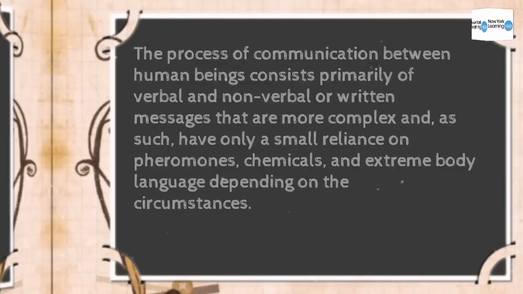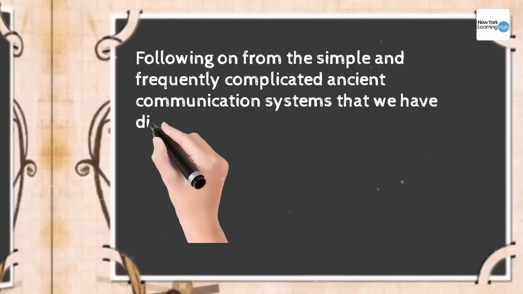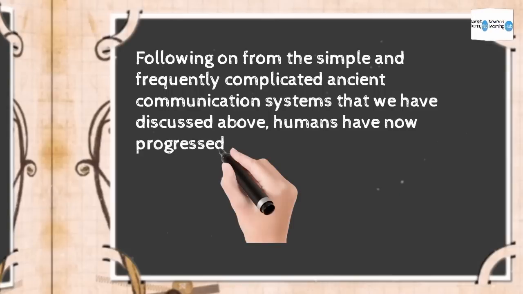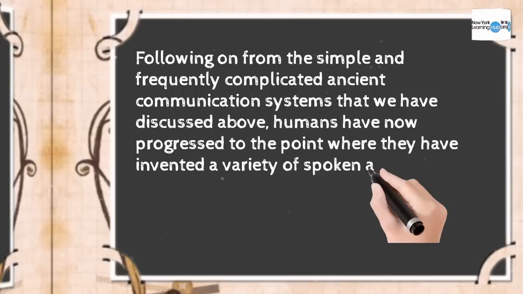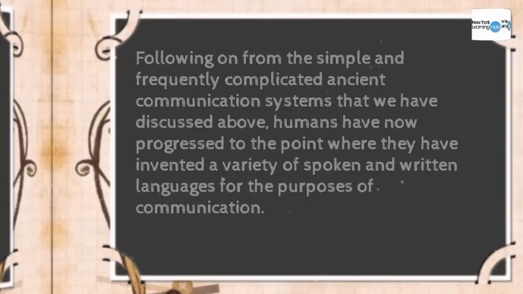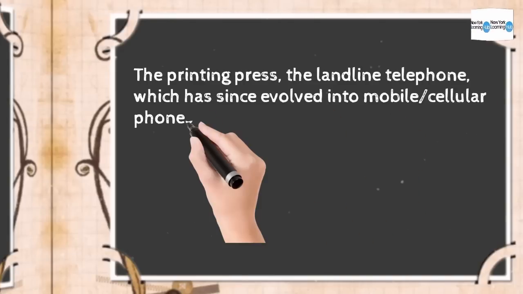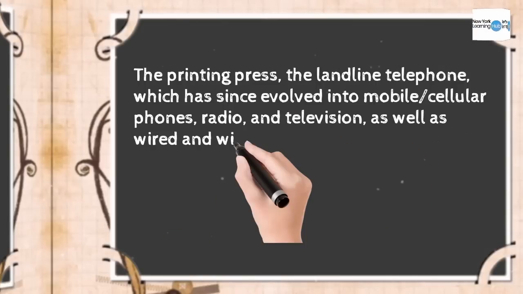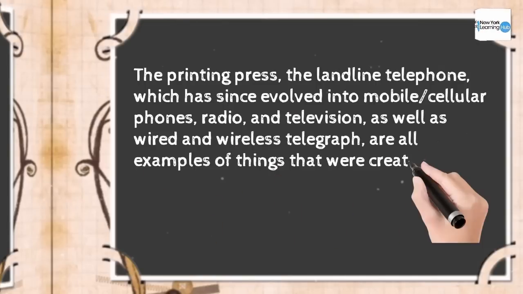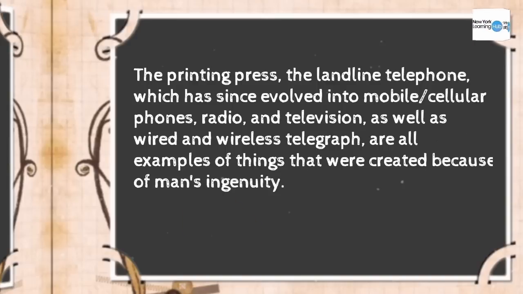Following on from the simple and frequently complicated ancient communication systems that we have discussed above, humans have now progressed to the point where they have invented a variety of spoken and written languages for the purposes of communication. The printing press, the landline telephone, which has since evolved into mobile cellular phones, radio, and television, as well as wired and wireless telegraph, are all examples of things that were created because of man's ingenuity.